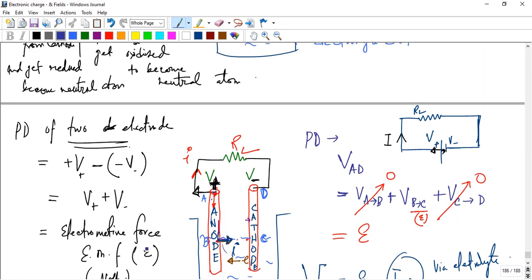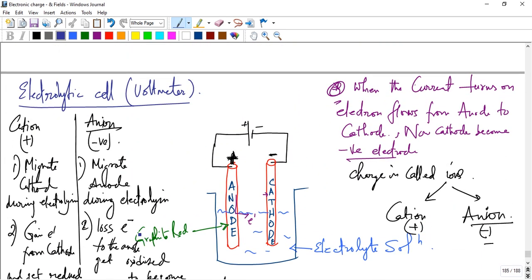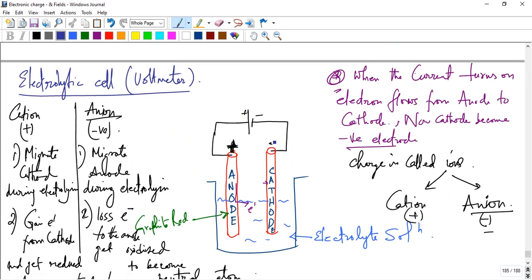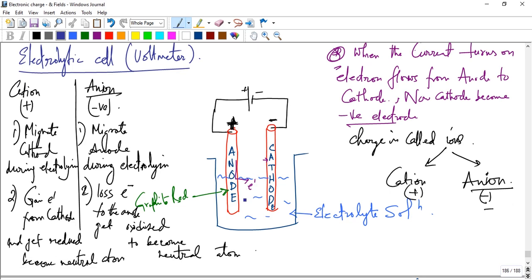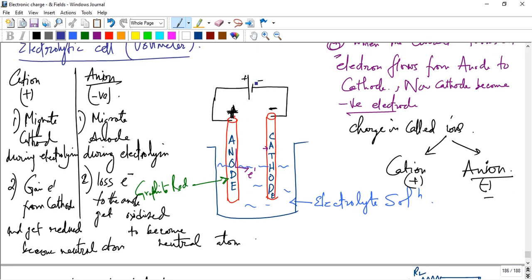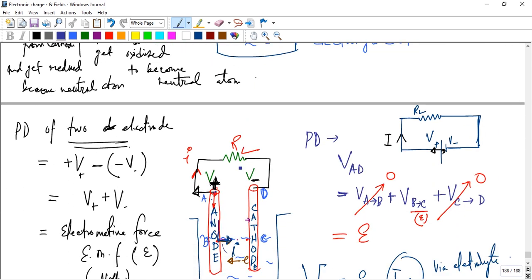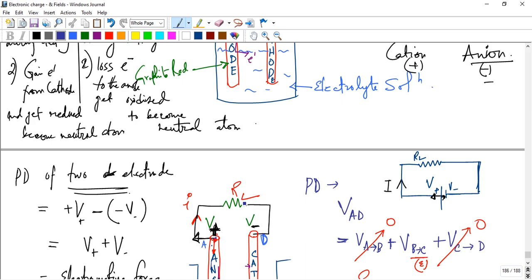And here the difference from the electrolytic cell is that we discuss how to get charge stored at the electrodes via the electrolyte solution. When a current passes through, suppose there are two electrodes, some charge gets stored here and some charge here. After that, when you remove the battery or source supply, some charge remains stored.